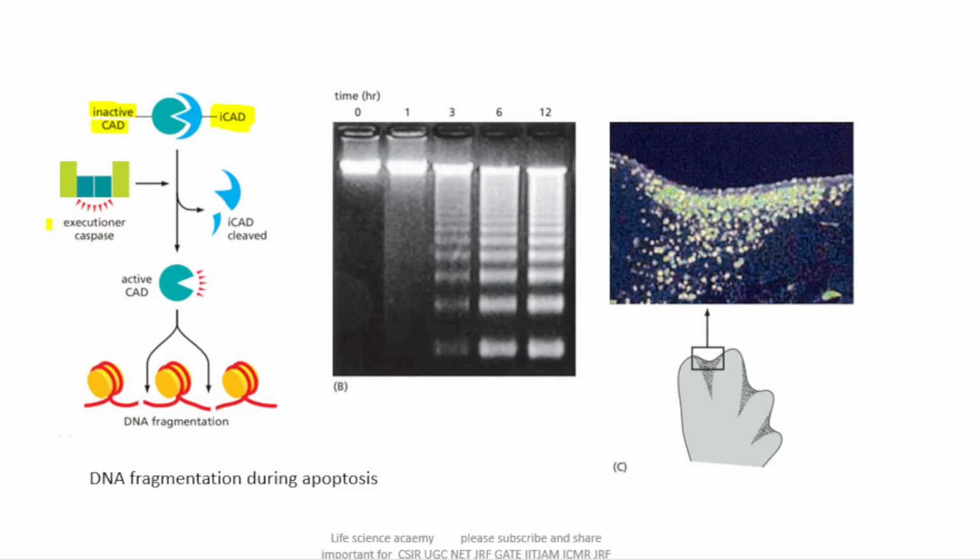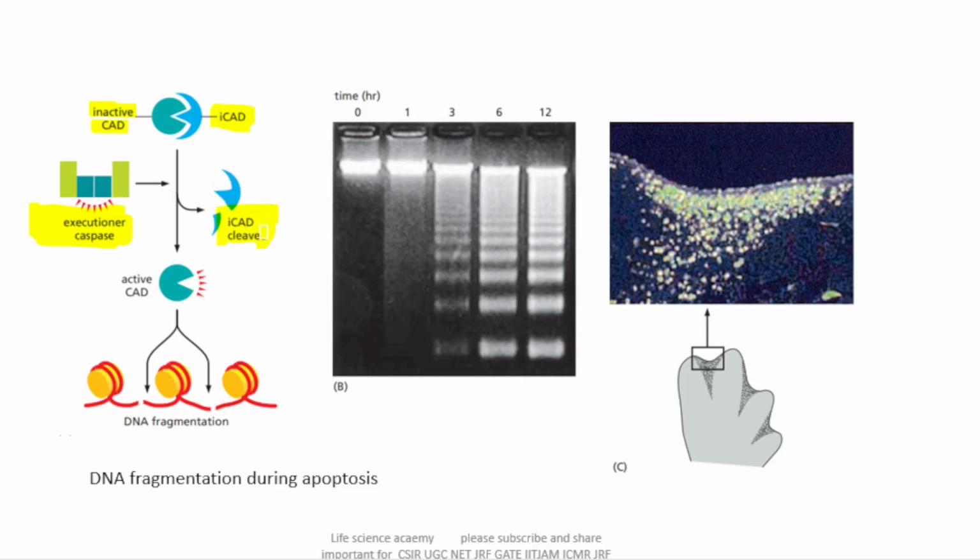Remember, you have to know what is the executioner caspase and what is the initiator caspase. Initiator caspases, once active, trigger the activation of the executioner caspases. This is the executioner caspase which is entering into the apoptotic pathway by the influence of the apoptotic signal. Now when the executioner caspase comes, this protease cleaves the ICAD, the inhibitor.